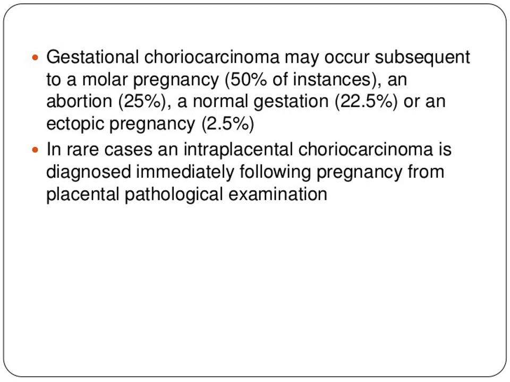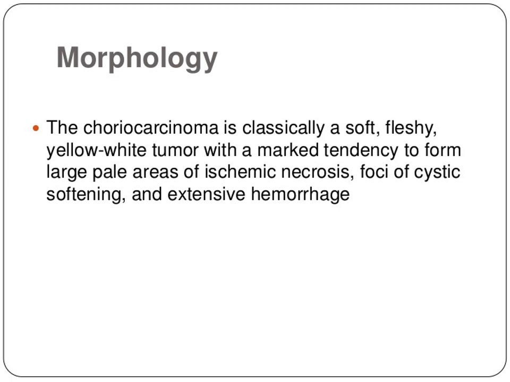Gestational choriocarcinoma may occur after molar pregnancy, about 50% chance, or after an abortion, 25% of the cases, and even after a normal gestation or an ectopic pregnancy. In rare cases, intraplacental choriocarcinoma is diagnosed immediately following pregnancy from placental pathological examination.